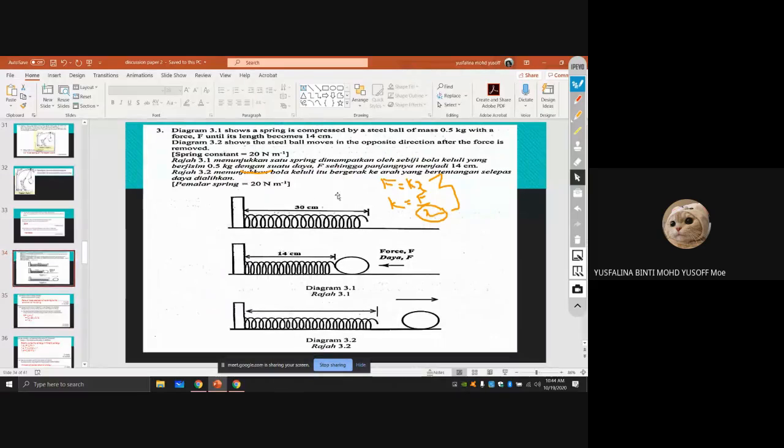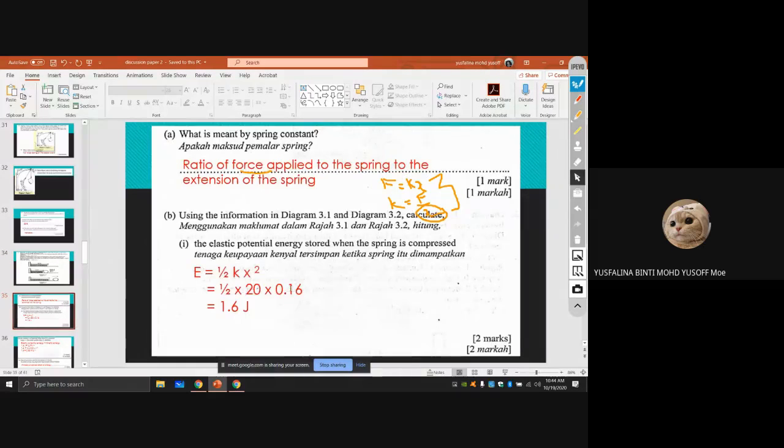So the compression is 13 minus 14... so you got 16, but change to meter, 0.16. So you got 1.6 joule. You can use this formula too if you want, but you need to change the mass to Newton, or use this one also.